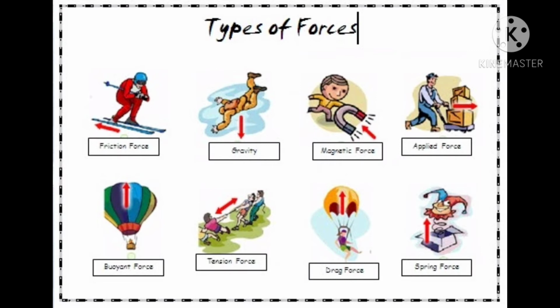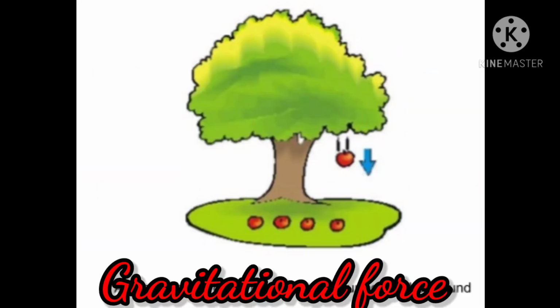There are so many types of forces like gravitational force, frictional force, elastic force, mechanical force, muscular force, buoyant force, etc. Now we will learn about them one by one. Children, have you ever thought why the fruits and leaves always fall down from the tree to the surface of the ground?